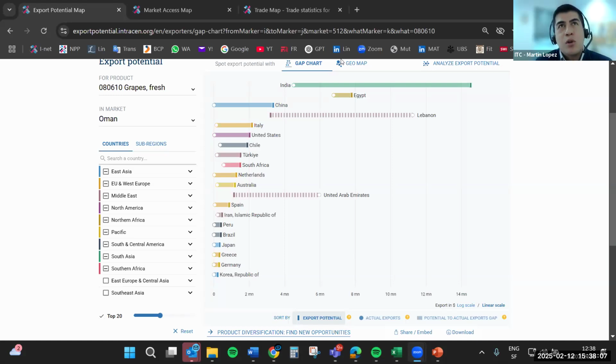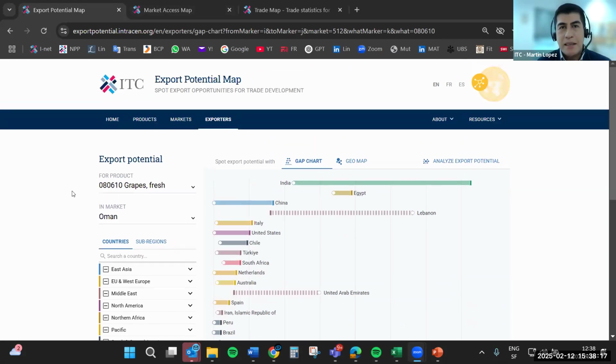And for those products that come from extractive industries, yeah, this system cannot process export potential assessments. At the same time, this tool cannot process export potential assessments of works of art or those items that are used in the production of illicit drugs or weapons.